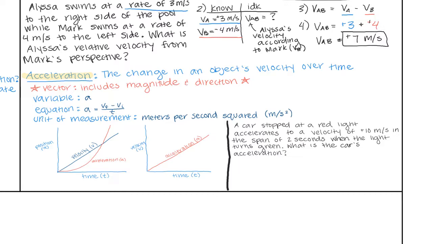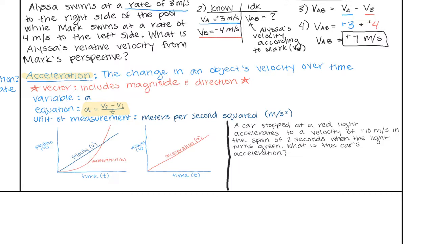Now, acceleration is also a vector. The variable we use to represent acceleration is the lowercase a. And our equation for solving for acceleration is a equals VF minus VI over t.